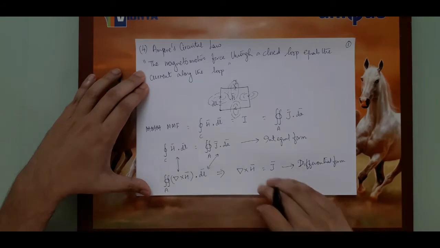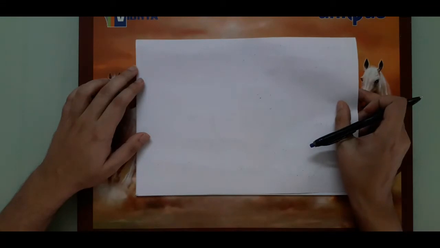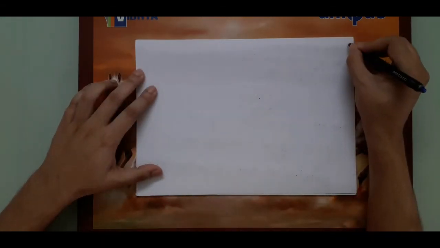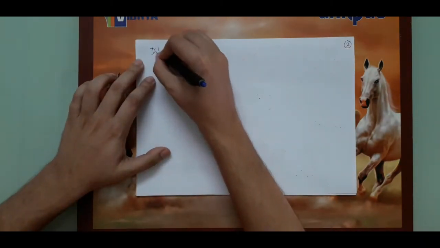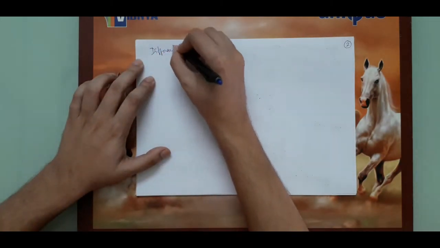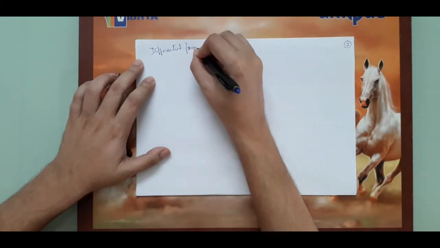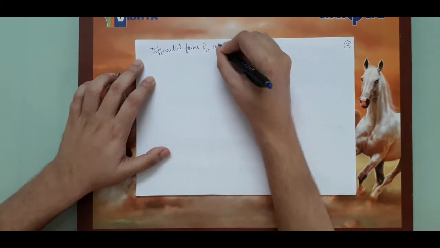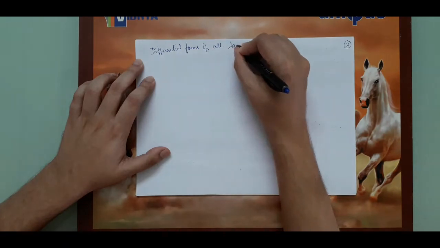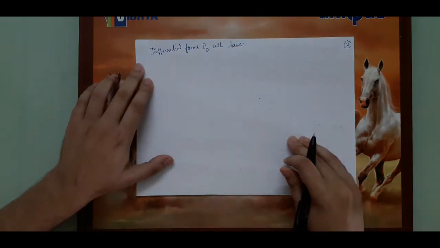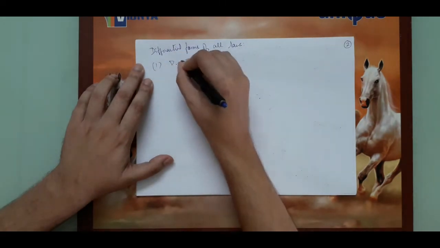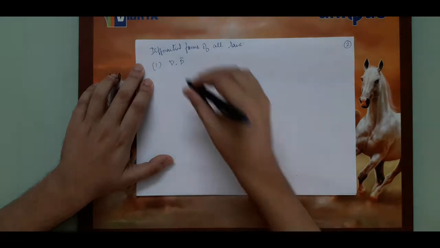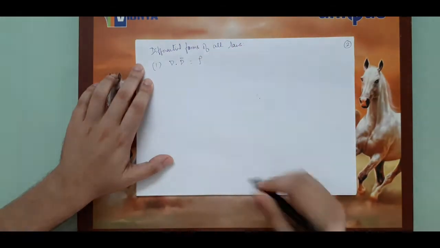So now let us write this down. Let's write the differential form of all the laws. The first was Gauss's law for electric field. That was del dot D is equal to the charge density rho.